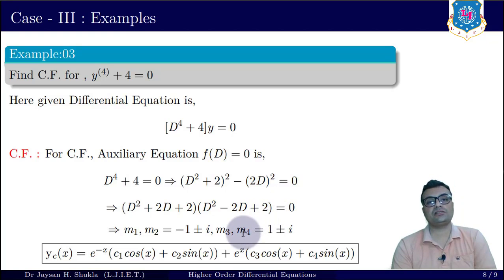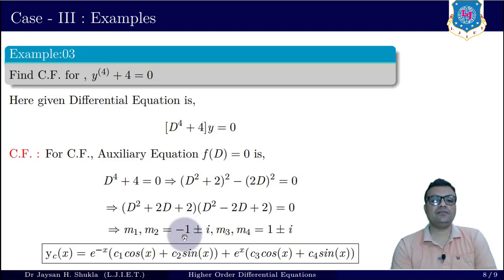So it gives you these roots. The first roots are -1 plus or minus i. The second roots are 1 plus or minus i. So I need to write down the complementary function separately for the first two roots and for the last two roots. Let me consider the first part.